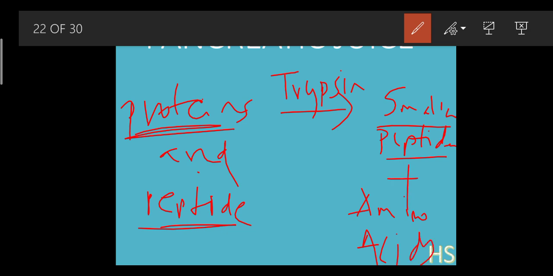So two things got formed. Due to proteins, smaller peptides got formed, and there were some of the peptides present in the stomach which moved further and got converted into the amino acids.